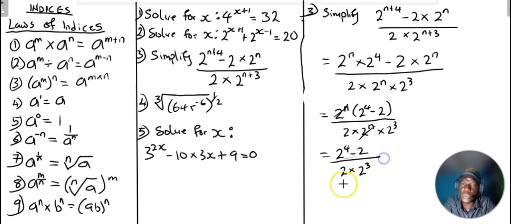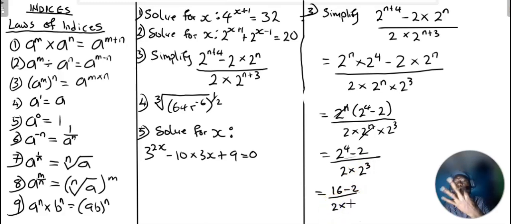So 2 raised to power 4 is 2 times 2, 4, 4 times 2, 8, 8 times 2, 16. So that's 16 minus 1, divided by 2 times 2 raised to power 3. 2 raised to power 3 is 2 times 2, 4, 4 times 2, 8. So that's 8.